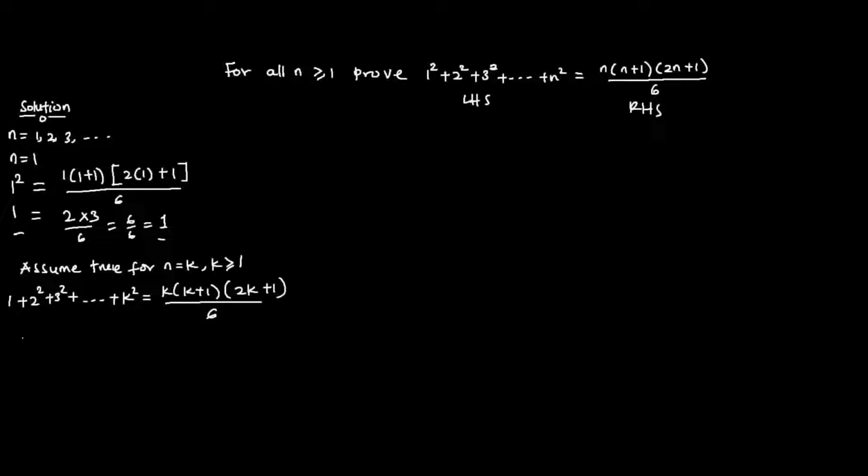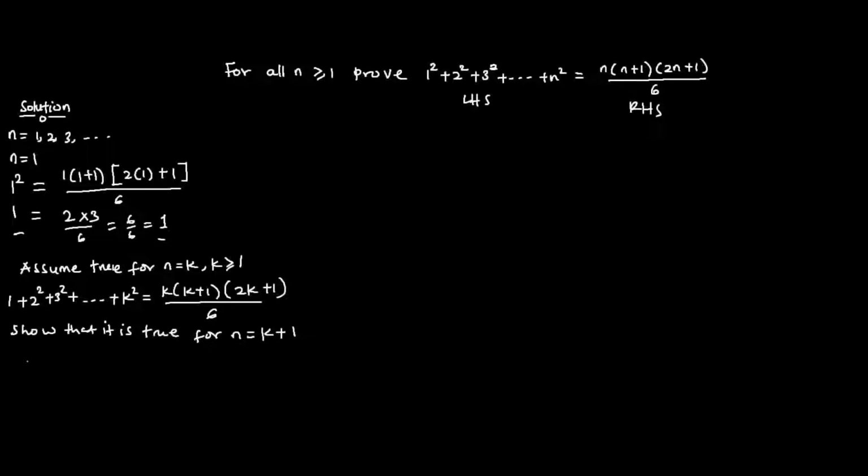So the next thing that you are going to do is that if it is true for n equals k, then we will have to prove that it will be true for the next value that comes after k, which will be k plus 1. So you are going to show that it is true for n equals k plus 1 also.